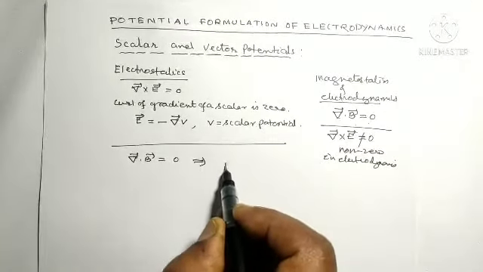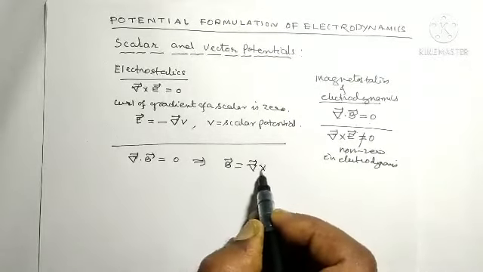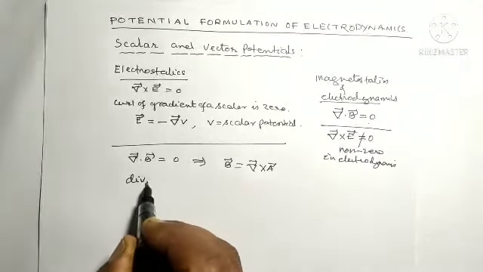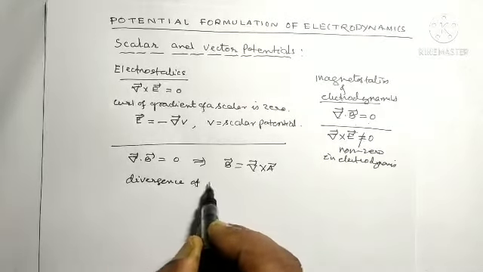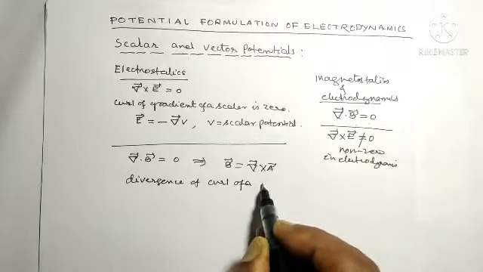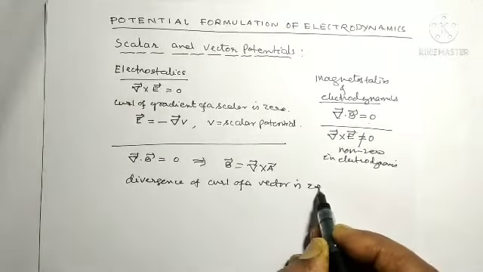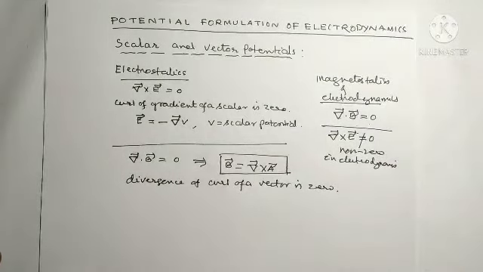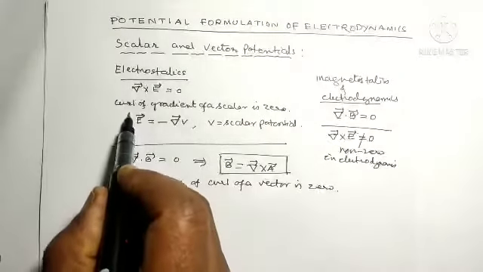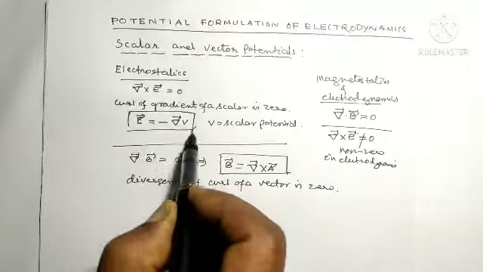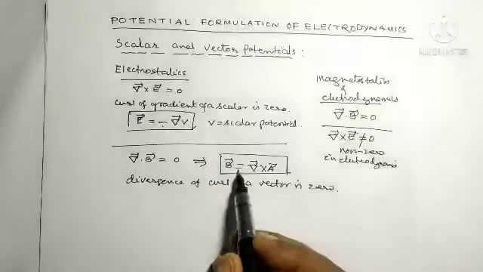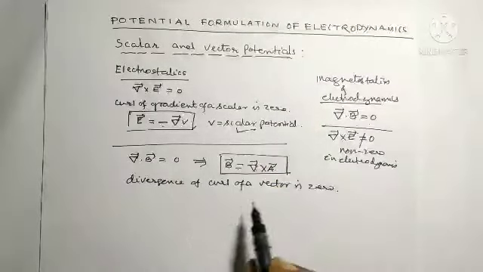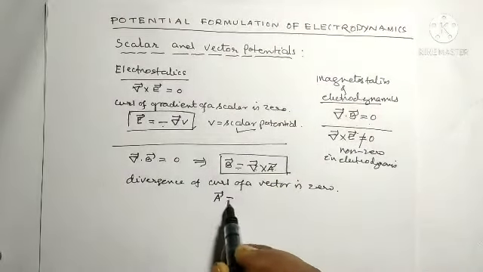this implies B equal to curl of A, because the divergence of the curl of a vector is 0. That is why we write B equal to curl A. So we get two formulas, E equal to minus grad V and B equal to curl A. V is the scalar potential and A is the vector potential.